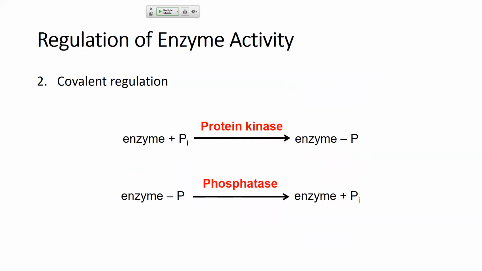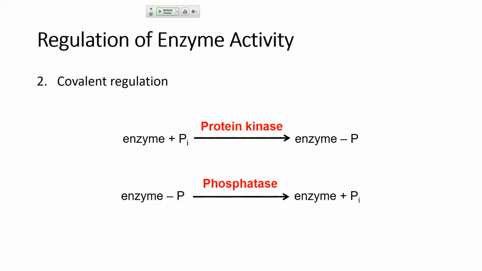Now this chemical group is oftentimes a phosphate. We're going to see that a lot throughout this course. The enzyme that was enzyme A in our previous scenario is protein kinase. Protein kinase is going to add a phosphate onto this enzyme.